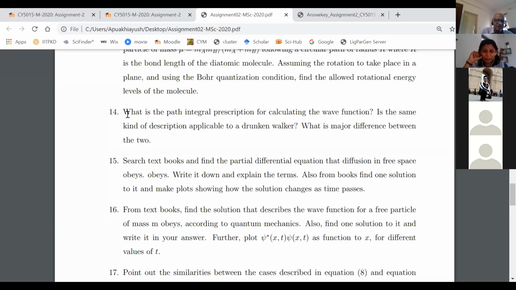Now you may even find the answers in Wikipedia. You must be familiar with Wikipedia, and so does everyone know about Wikipedia? Yes, sir. So the answers to these questions you should be able to find from the web, or for example, it may be found in some physical chemistry textbooks. A textbook like Daniels Alberty.